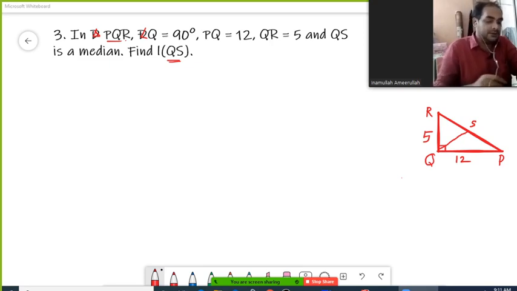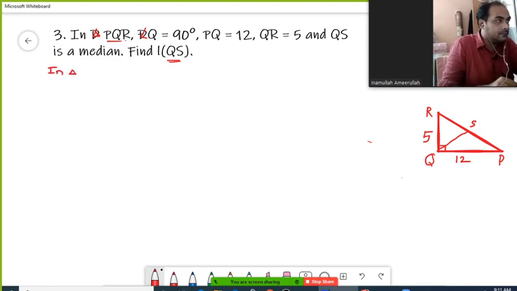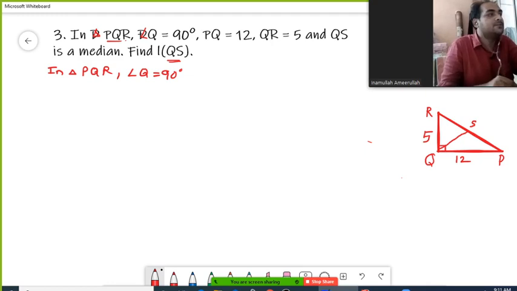So in this question, in triangle PQR, we know angle Q is 90 degrees. So in that case, I can use the Pythagoras theorem, where PR is the hypotenuse. So PR square should be equal to PQ square plus QR square.